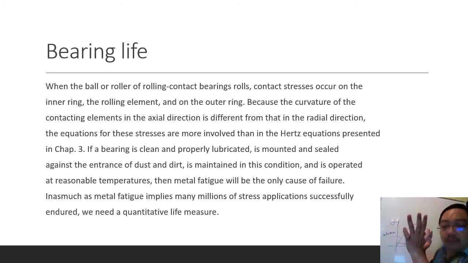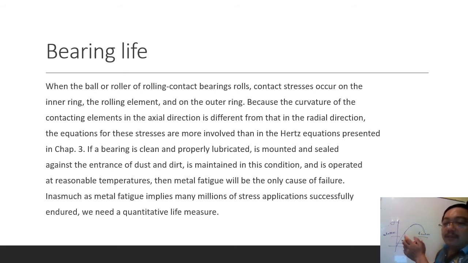You run it for a long time, but because of metal failure, you do not know when it will happen. The bearing will be damaged over time, but it takes a long time, maybe two or three years.